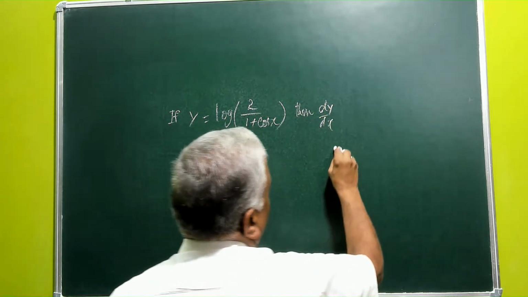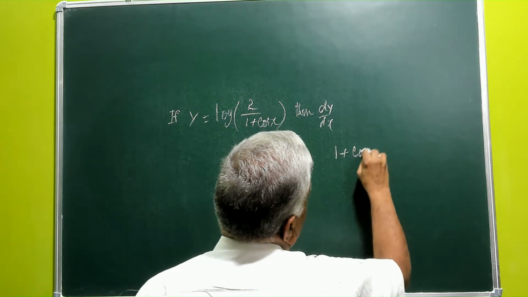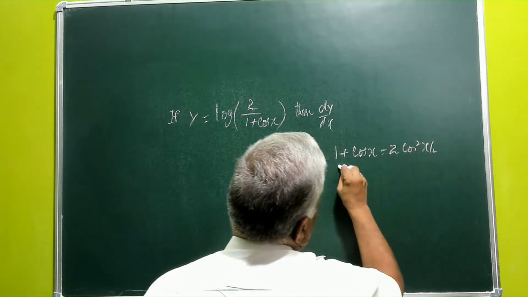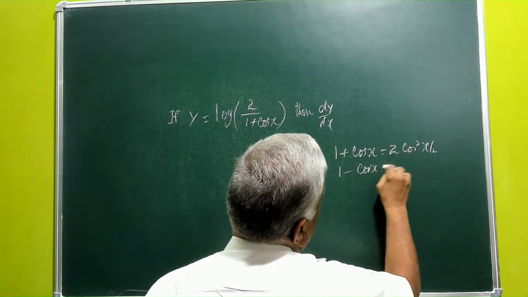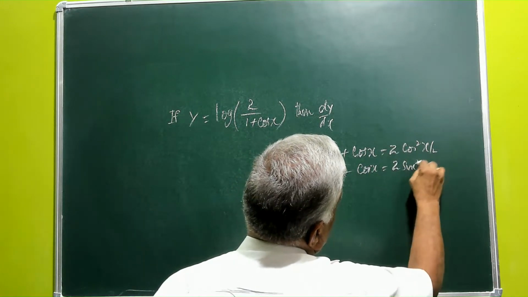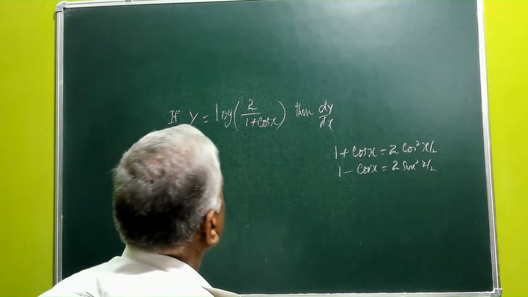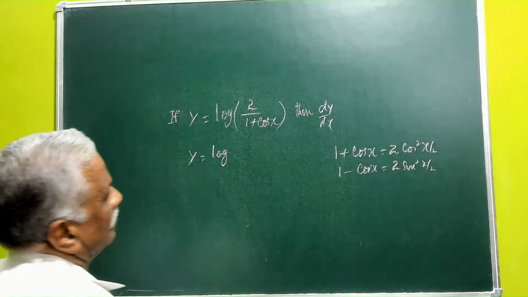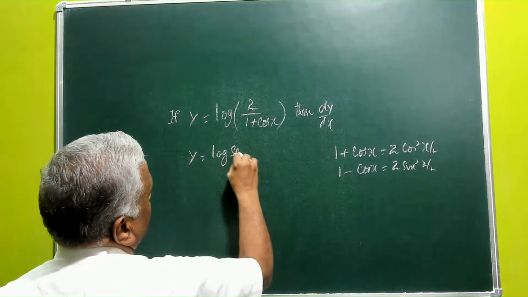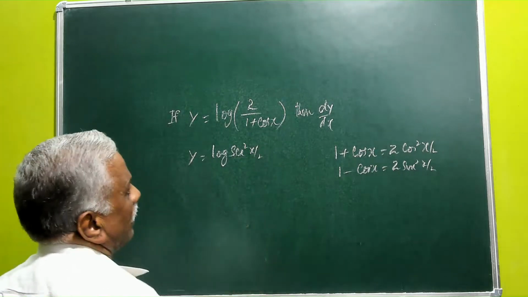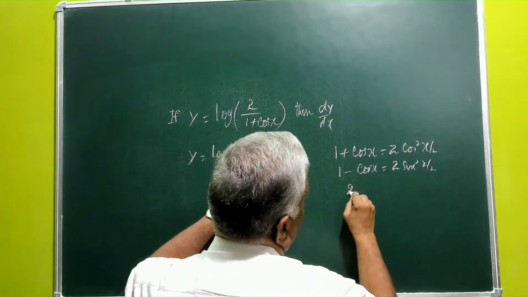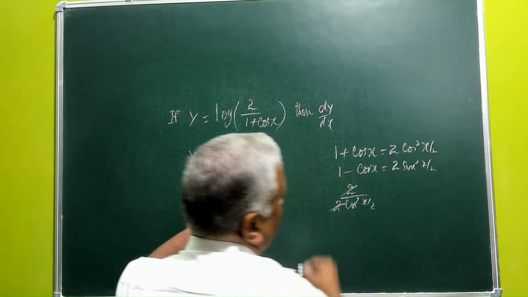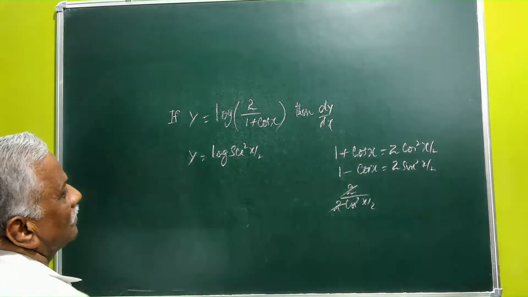See, you should always remember 1 plus cos x is 2 cos square x by 2, and 1 minus cos x is 2 sin square x by 2. So this is going to be log of secant square x by 2. You know why? 2 over 2 cos square x by 2, 2 and 2 cancel, secant square x by 2.